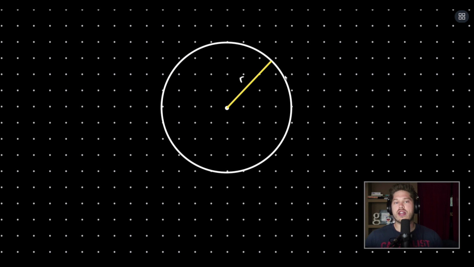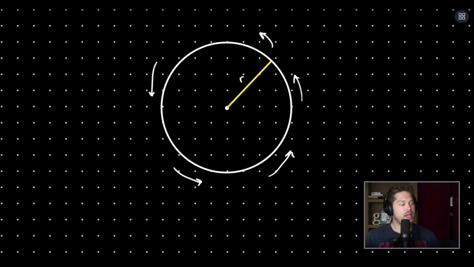So imagine if you have a string and a thumbtack. If you place your thumbtack and pull your string taut and then rotate your string 360 degrees until you come back to your starting position, then you will have done one revolution and you will have created a circle.